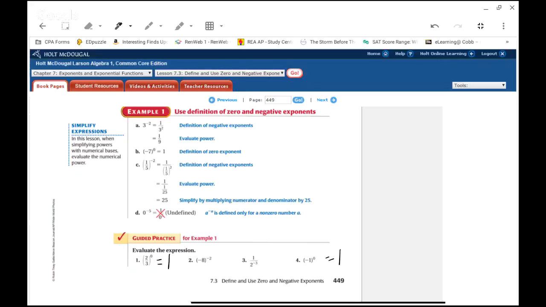So instead of it just being a regular 1 over negative 8 raised to the negative 2 power, what that means is I take the negative off of the exponent, not the 8, and I do it like that. So now I rewrite it as 1 over negative 8 squared, and then that becomes 1 over 64.